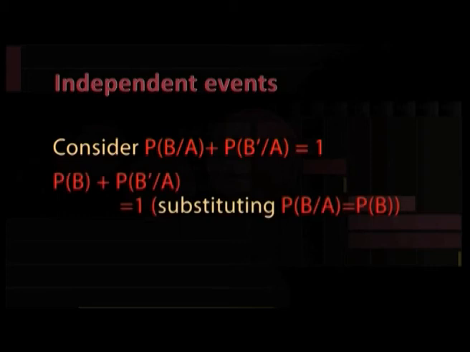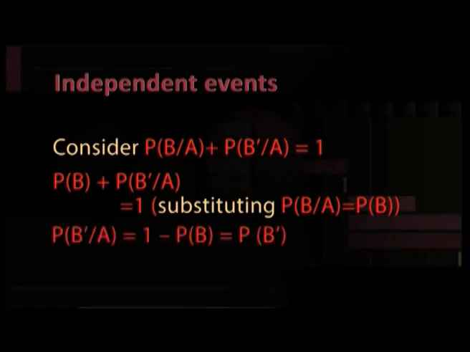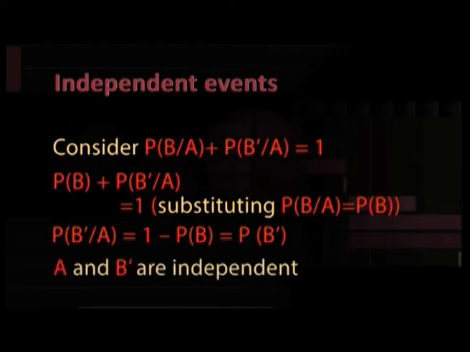Substituting probability of B given A is equal to probability of B implies probability of B complement given A is equal to 1 minus probability of B, which is equal to probability of B complement. Hence, A and B complement are independent.